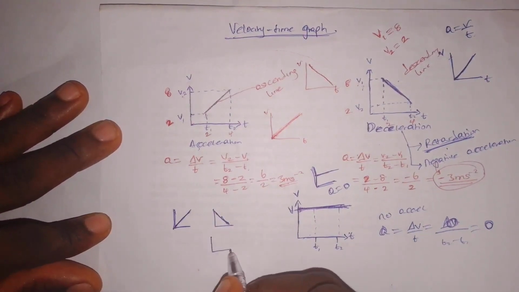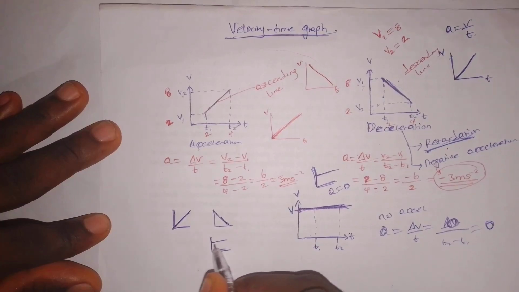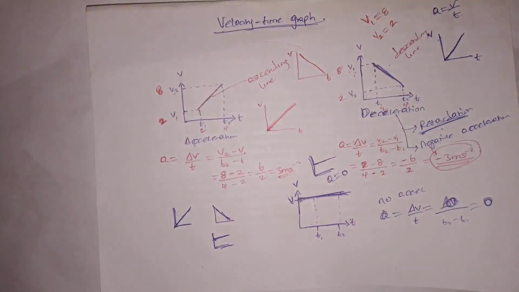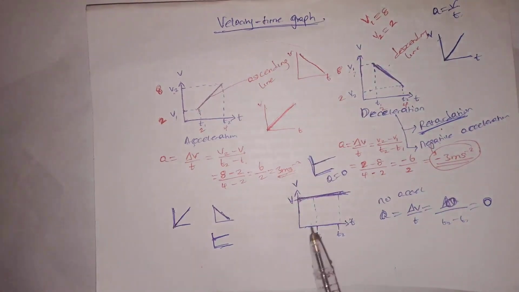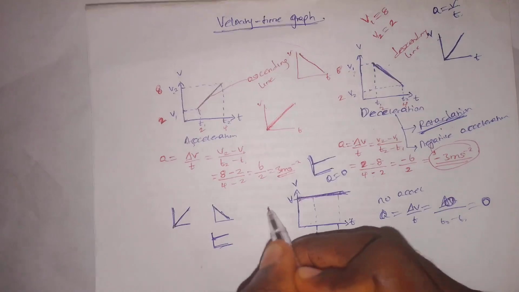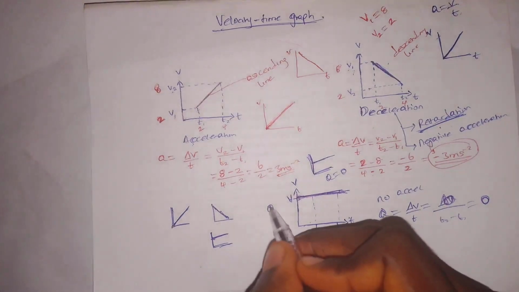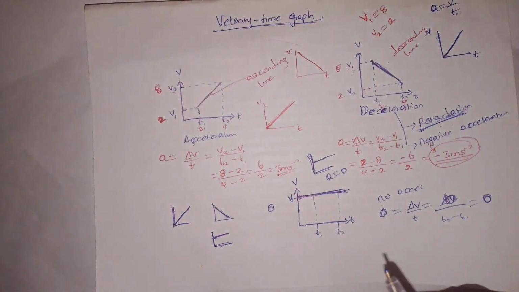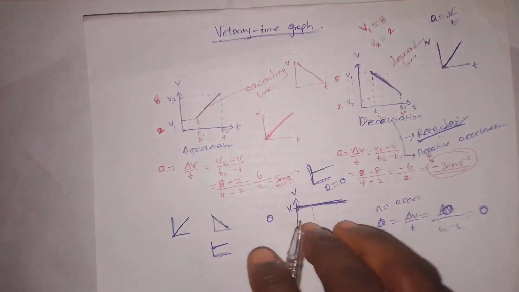Then the last one, a horizontal line shows no acceleration. That is, the body is not moving at all, like a car at rest. Imagine a car at rest, not moving at all. Its velocity is zero. Since it's not moving, there is no change in velocity.